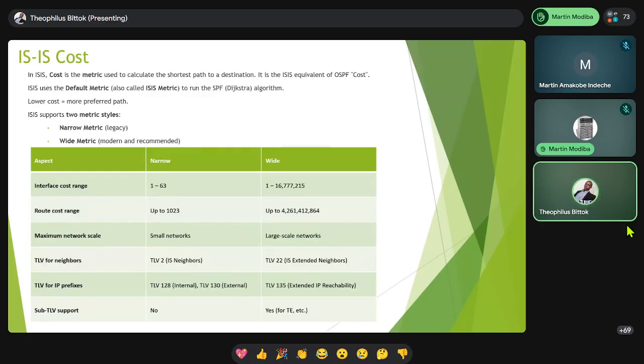And you'll find that also when it comes to a cost range, let's say, for example, just think of it like you have your routers on a ring, and in that ring I am using a narrow metric.